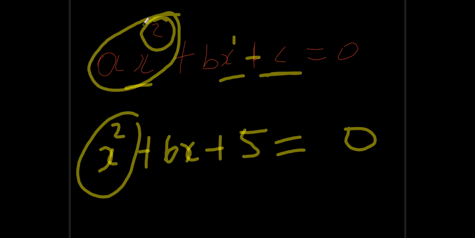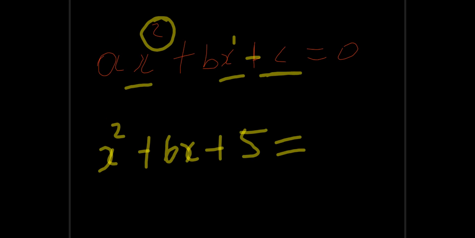If you want to look at it piece by piece, remember that any variable term by itself, where you're not seeing a visible coefficient, always has an invisible 1 as a coefficient.